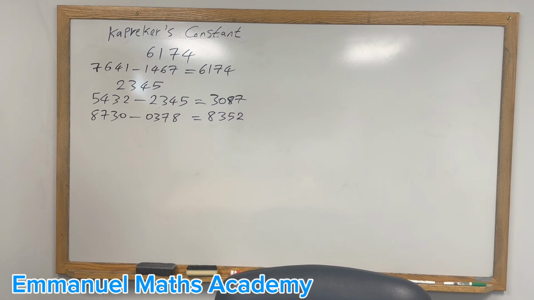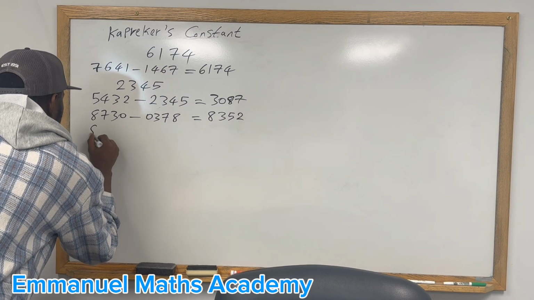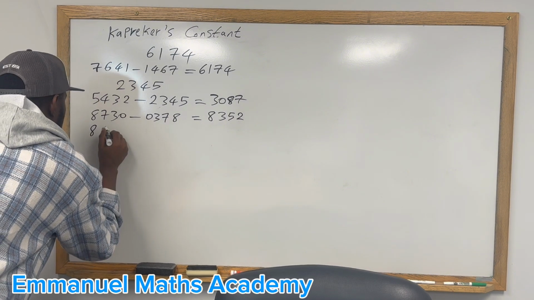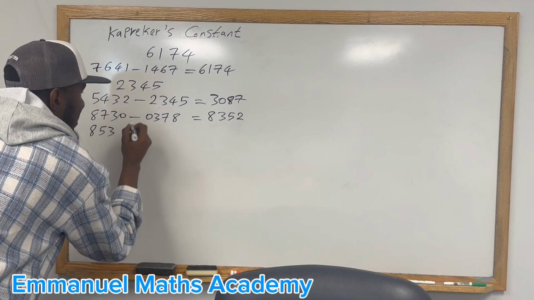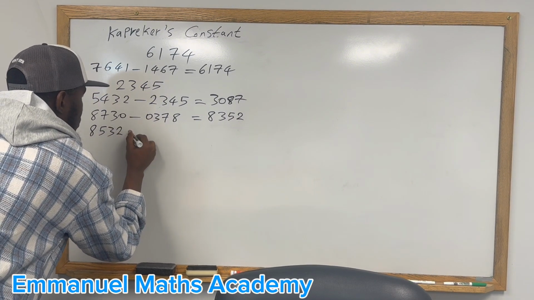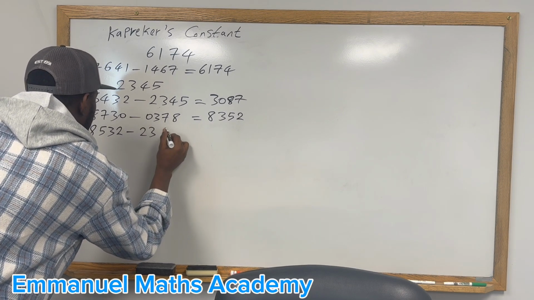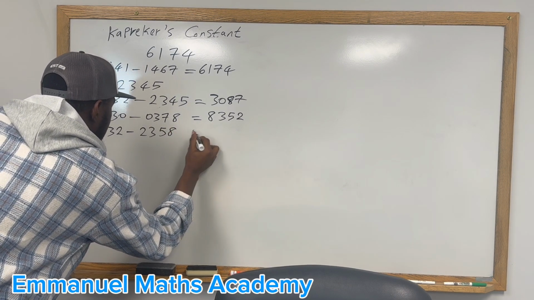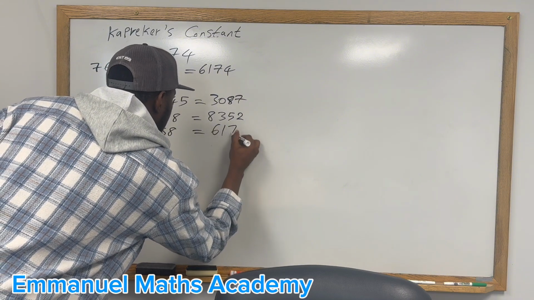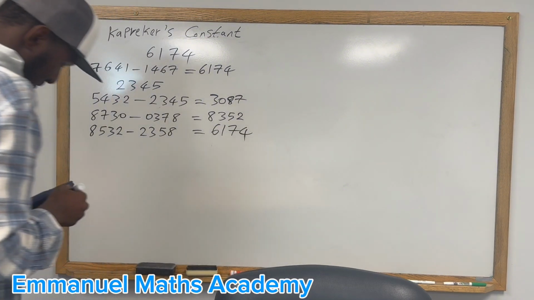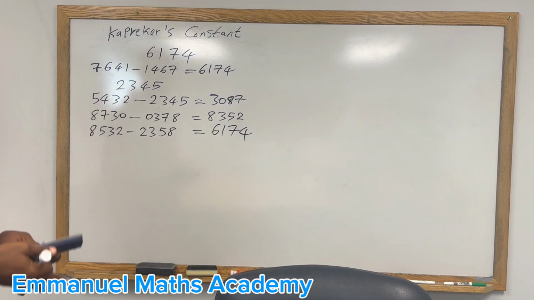We subtract again the biggest and the smallest. The biggest here is 8532 minus 2358. 6174.